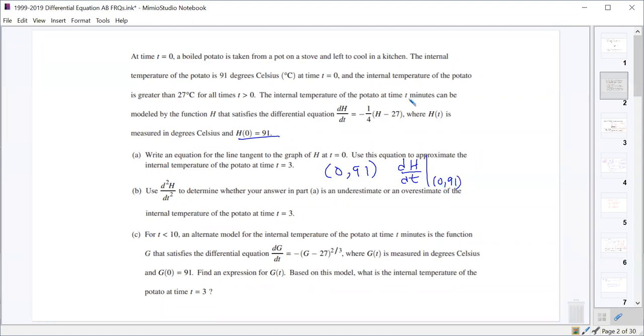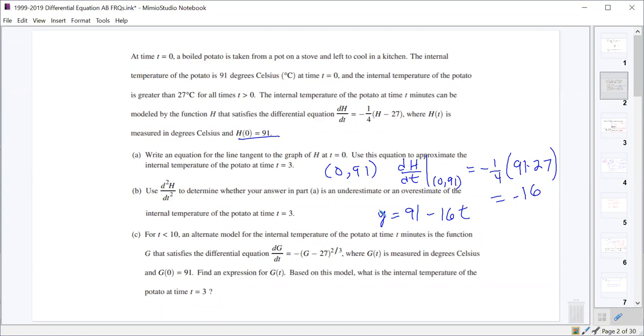We don't need to plug t equals 0 in anywhere because that's not in our differential equation, but 91 needs to go in as H. That 91 minus 27 is 64 divided by -4 should be -16. So we should end up with the equation y equals 91 minus 16t, or -16t plus 91, since that's a y-intercept.